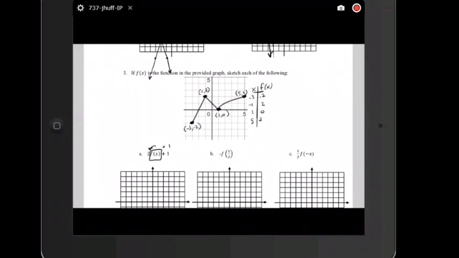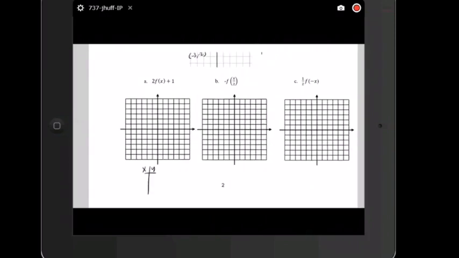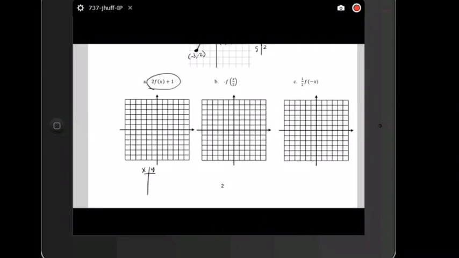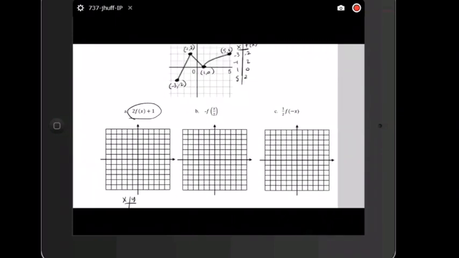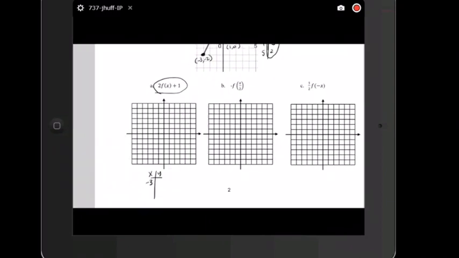Nothing's happening to the x values though. So what I'd recommend is making a new table of values for each piece with the appropriate transformation. So this one, 2 times y, and then you add 1 to that value, and that's affecting the y values of the original function. So the x values are going to stay the same. The y values are going to double and then add 1 to them.